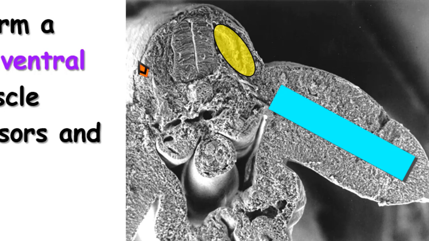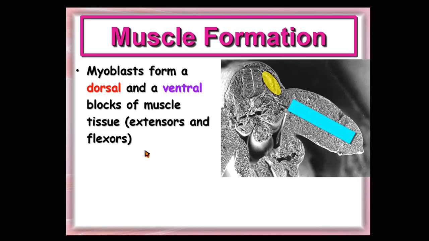Again, in order to understand this picture, this is the neural tube, and on each side of it lie the somites. So the somites here are divided into a dorsolateral portion called the dermomyotomal region and a ventromedial region called the sclerotomic region.